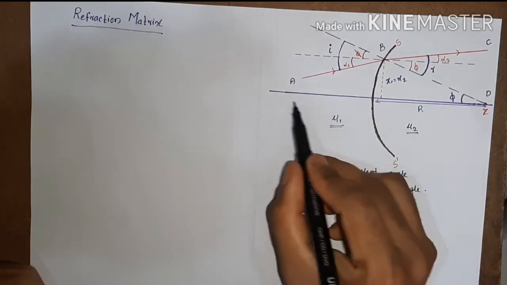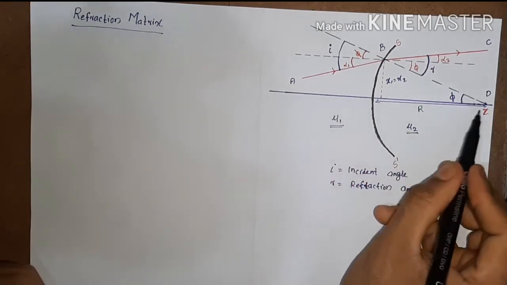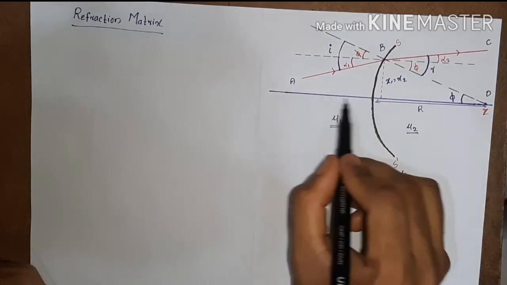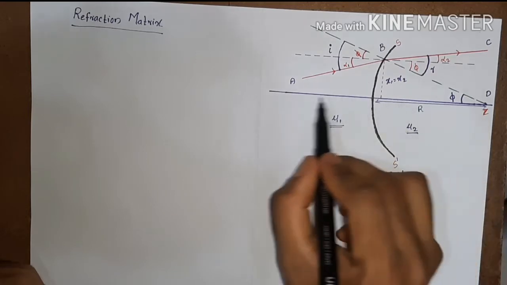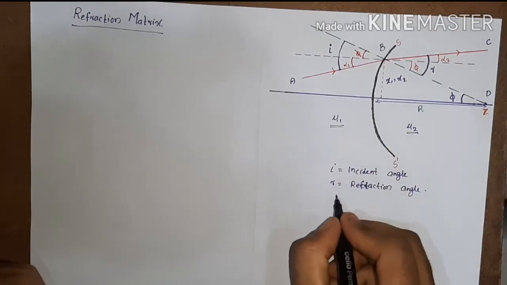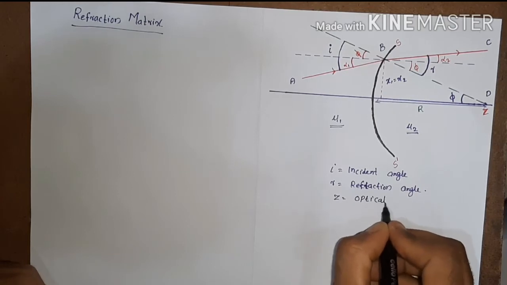Now this line represents the z-axis of this system, and also it is the optical axis of this optical system. So Z is the optical axis.